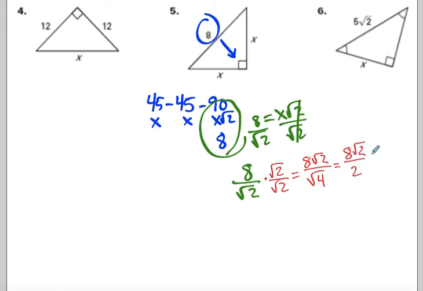But for this one, the 8 does divide by 2, so you're able to get 4 root 2. So these are each 4 root 2. And that means in the image, these will be 4 root 2's. Now, I knew this was a 45, 45, 90 because these were both labeled with x's, and that meant it's isosceles, and that meant that these are equal, and that meant that that's a 45, 45, 90.